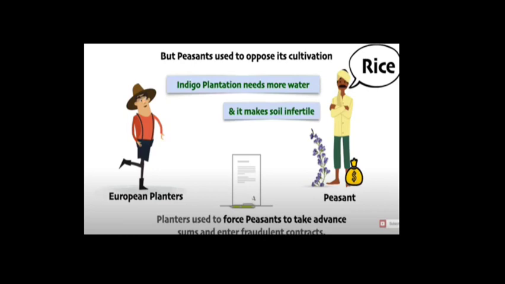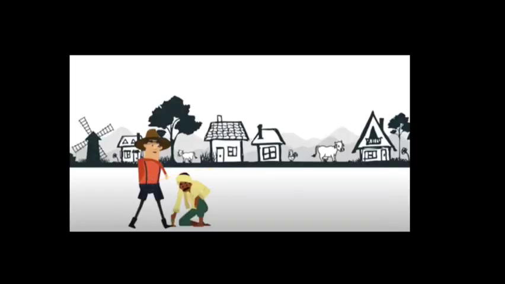This was done forcefully, in order to benefit the British, and the planters used to force the peasants to sign contracts so that they would work for the British. These kinds of factors also contributed to the anger of the peasants in Bengal.